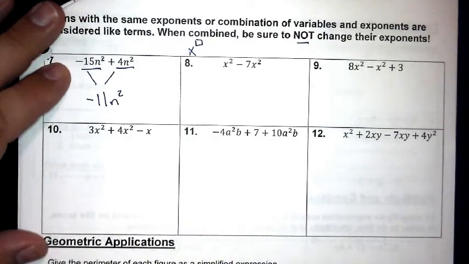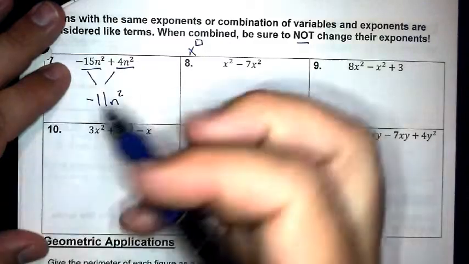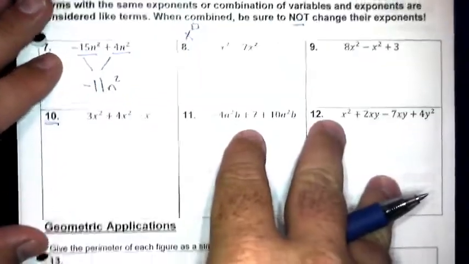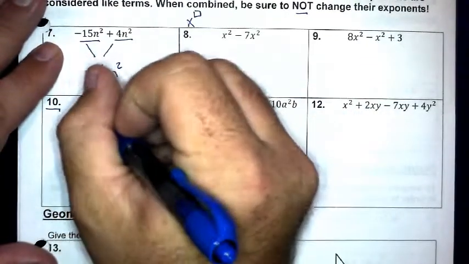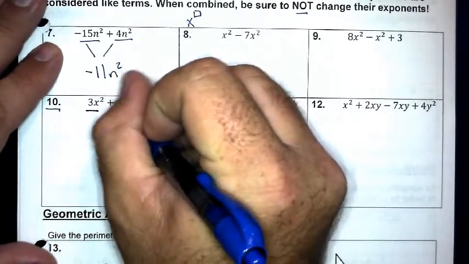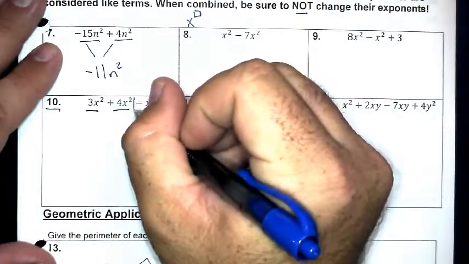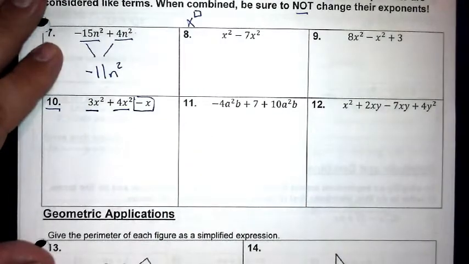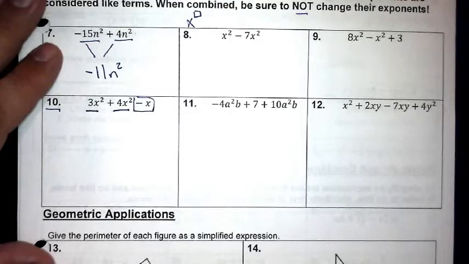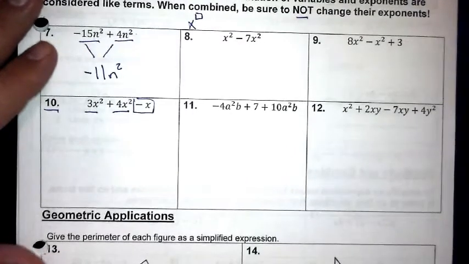Looking at number 10, okay, I have 3x squared, 4x squared, and I have this negative x right here. Can I combine all three together? Huh? Can I? No, I can't.